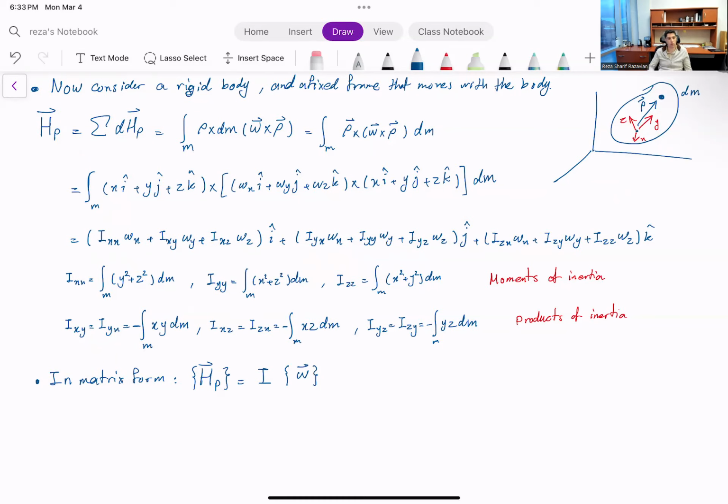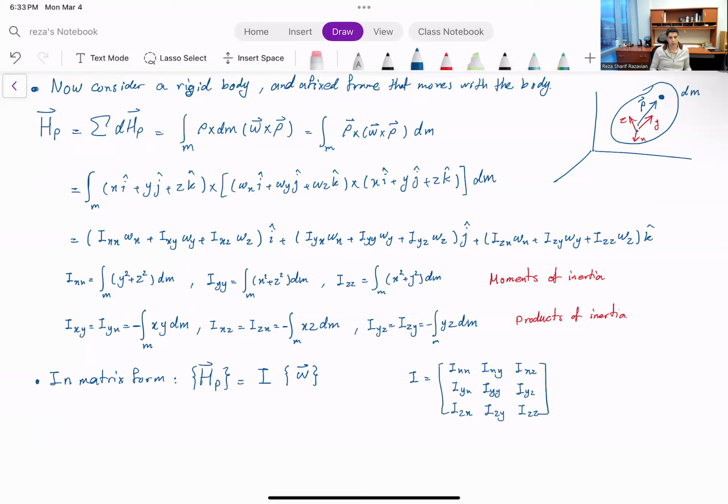And this I is, as you can imagine, Ixx, Ixy, Ixz; Iyx, Iyy, Iyz; Izx, Izy, Izz.